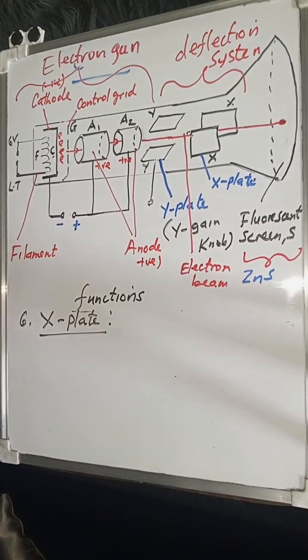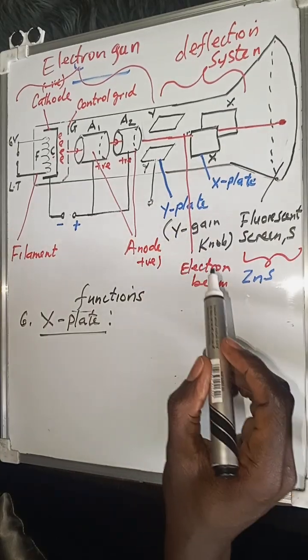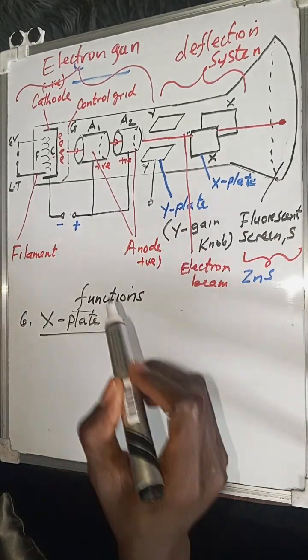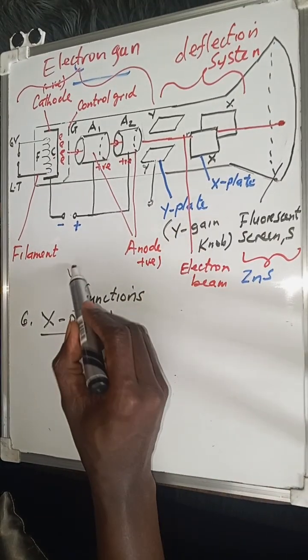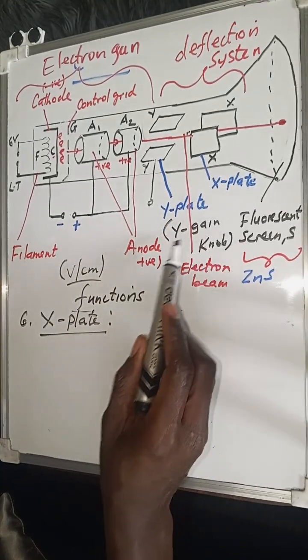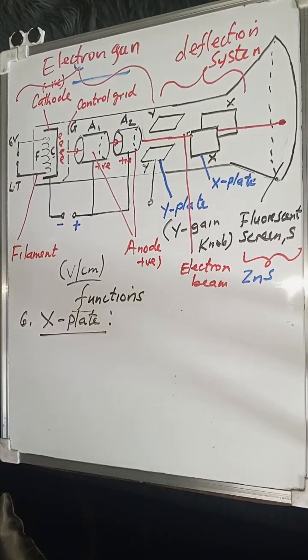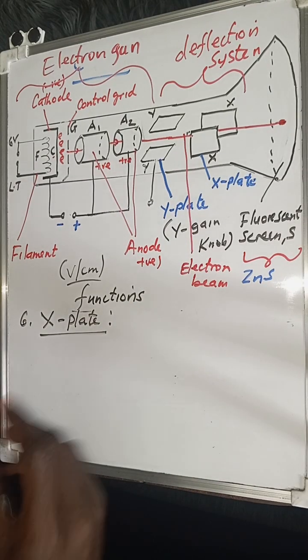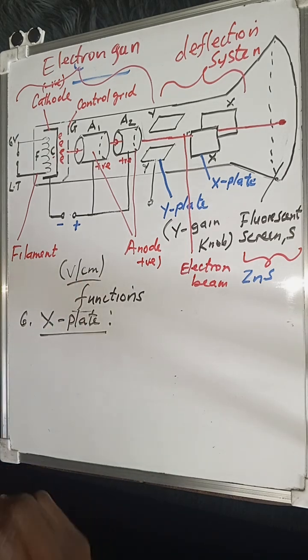When a voltage is applied, later on in our discussion, you're going to find that the Y gain is measured in volts per centimeter. Don't worry, you are going to see some calculations, but it is connected to the Y gain knob, which is calibrated in volts per centimeter. That is what you need to remember.